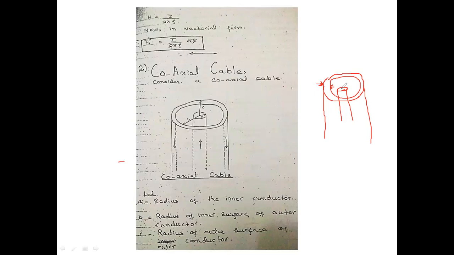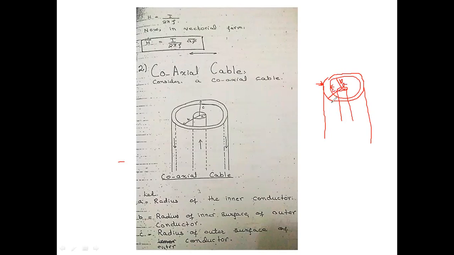Now considering the radii for all of these surfaces, from the center to the inner conductor wall, a is the radius of the inner conductor. b is the radius of the inner surface of the outer conductor, and c is the radius of the outer surface of the outer conductor. So A, B, and C.